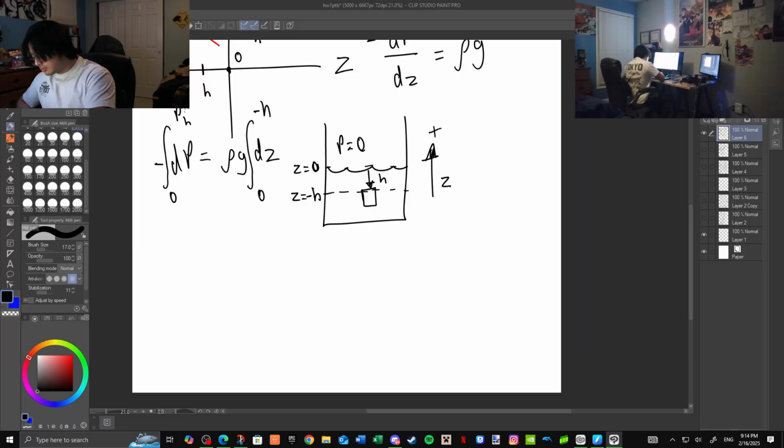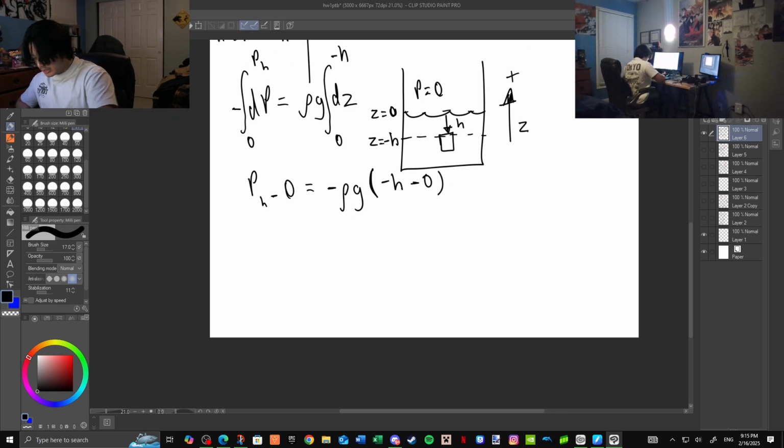Integrating this, we get p of h minus 0 for this side, and we're also just going to move this negative sign onto this side. So we get negative rho g, we integrate dz, and that will equal negative h minus 0.